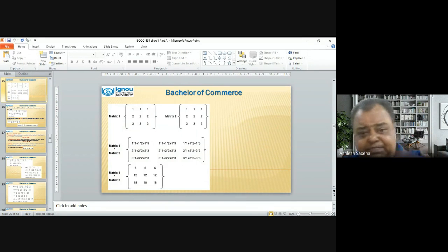This is a problem related to multiplication of two matrices. This is our simple case because both the matrices are 3 by 3. Your answer will be a 3 by 3 matrix. Now the question arises how this multiplication will be performed.